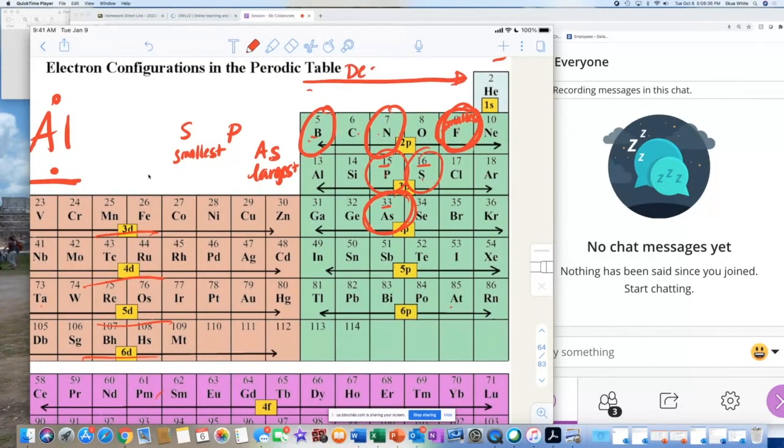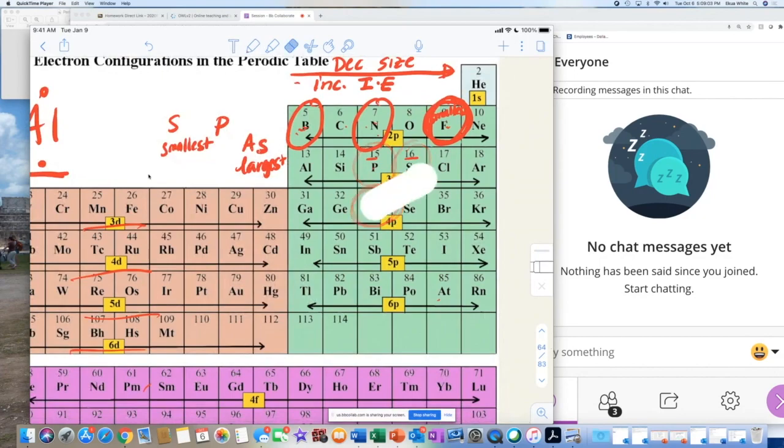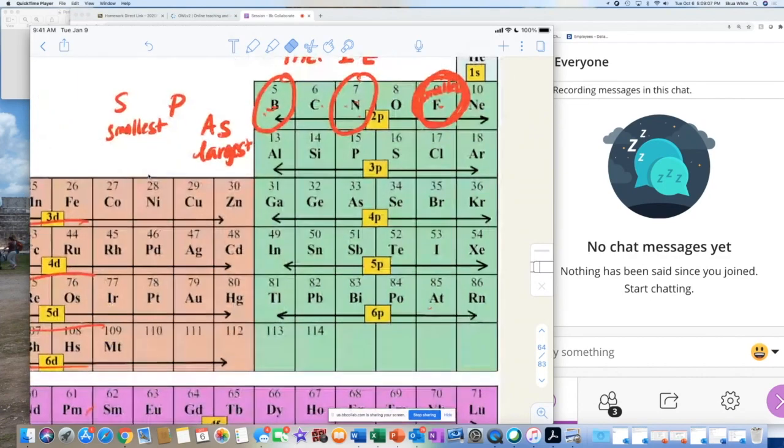Therefore, the way these are arranged is going to be increasing ionization energy. So if they want you to arrange these elements according to increasing ionization energy, you write them in the same way. Since fluorine is going to be the smallest atom, it will require more energy to remove the electron from fluorine.